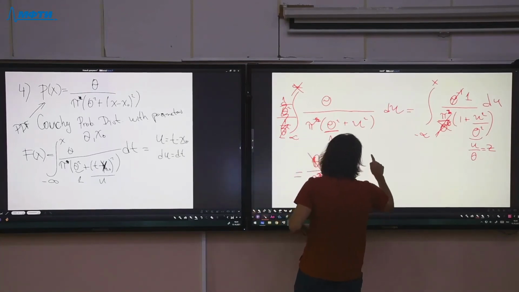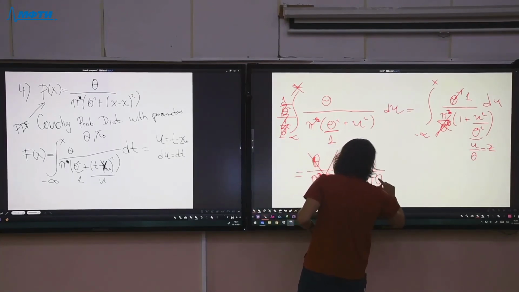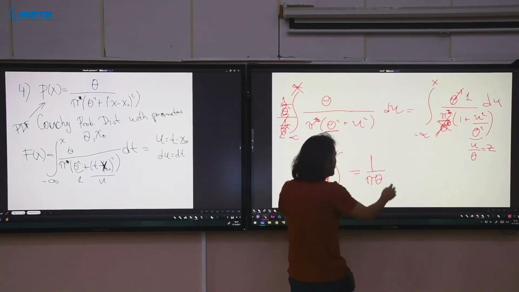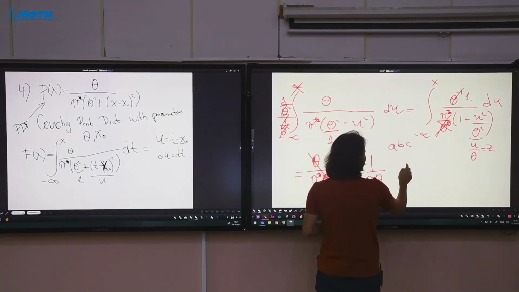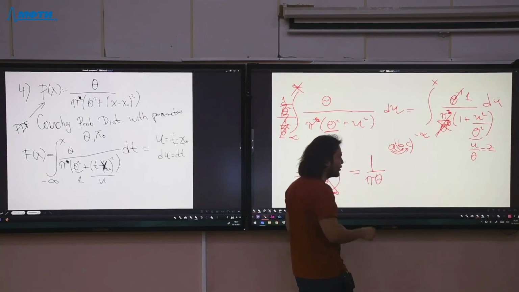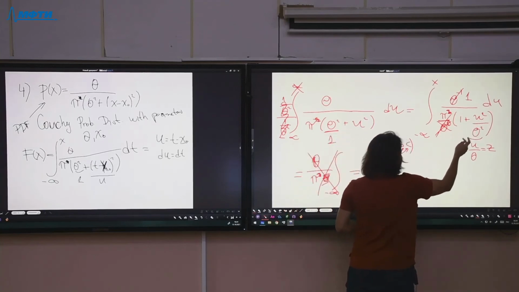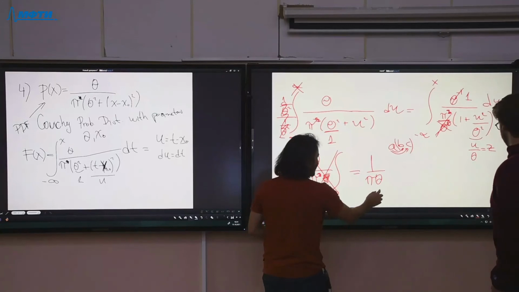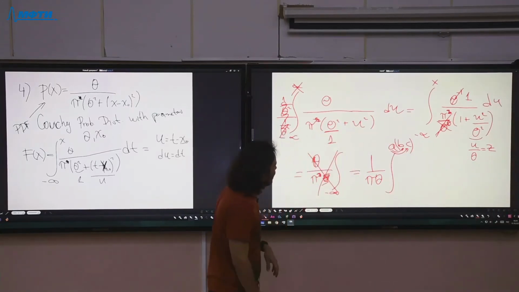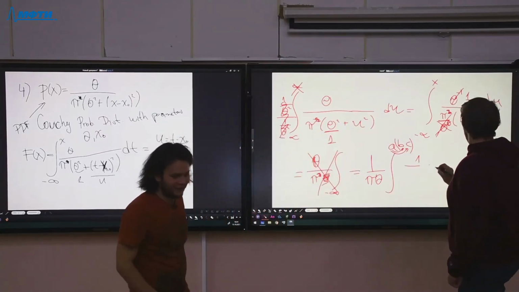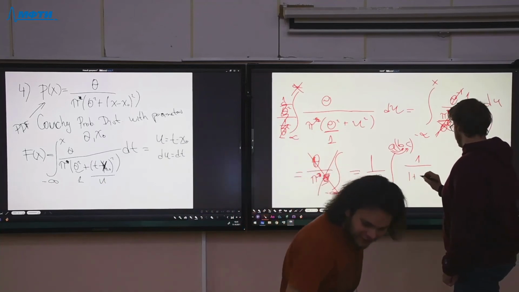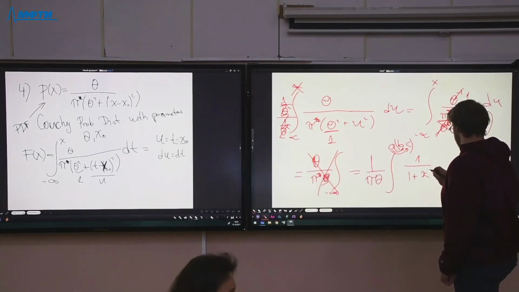So this is 1 over pi times theta. You are multiplying A, B, C; you don't multiply by this and by this, you multiply only by 1. So theta is to this one, right? Then it's going to be 1 over 1 plus z squared.